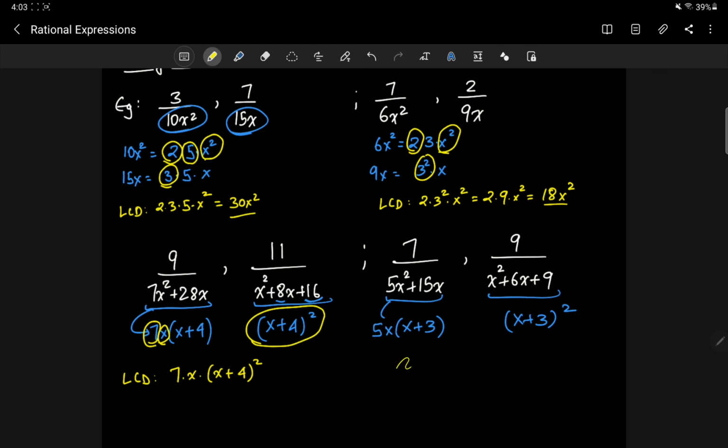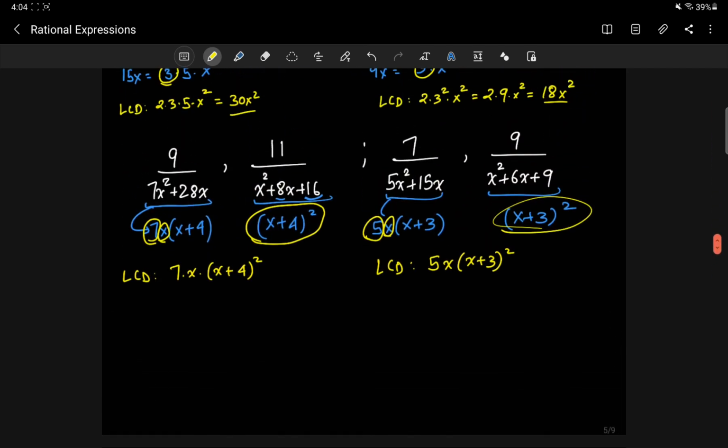So the LCD is now 5x times x plus 3 whole squared. So these were examples where we just found the LCD using a method which is parallel to finding the LCM. So you factor everything out and you collect the highest powers.